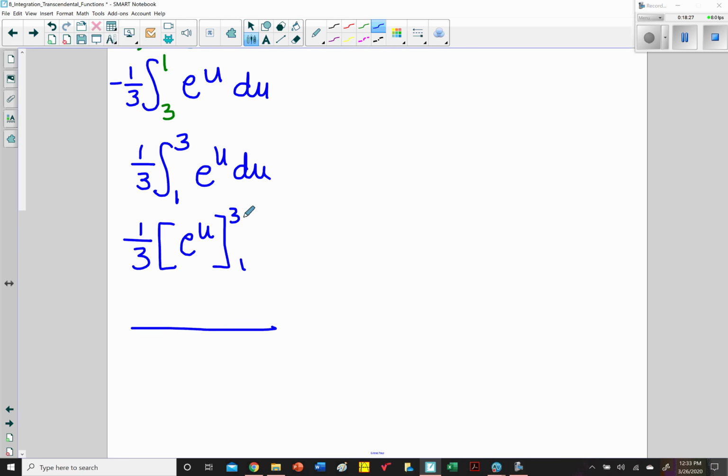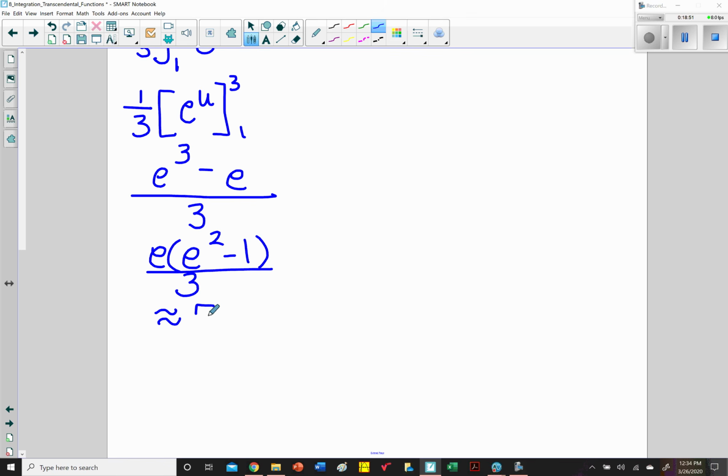We've got e cubed here, and e to the 1 here, divided by 3. Or if you wanted to factor, you could factor out an e and say that's e times e squared minus 1 over 3. And that's roughly, on my calculator, 5.789.